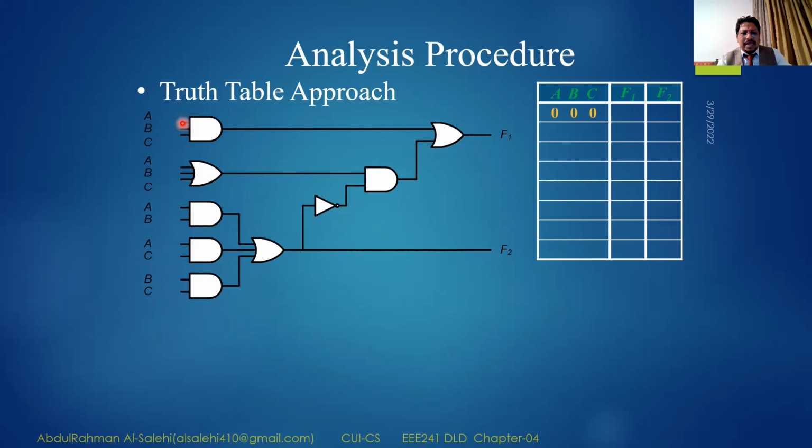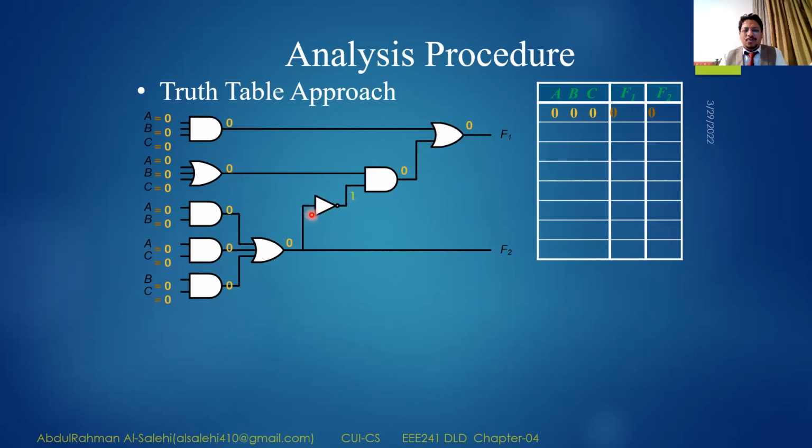So let's say at the beginning level, when all of them are zeros, what will be the result? The result of the first one is 0. The result of the second one is 0. Their result will be 0, right? And this 0 will come. So now look here. The only difference is here. Why? Because when we OR all these 0s, it will give you 0. But according to our circuit design, we are using the inversion here, or NOT gate.